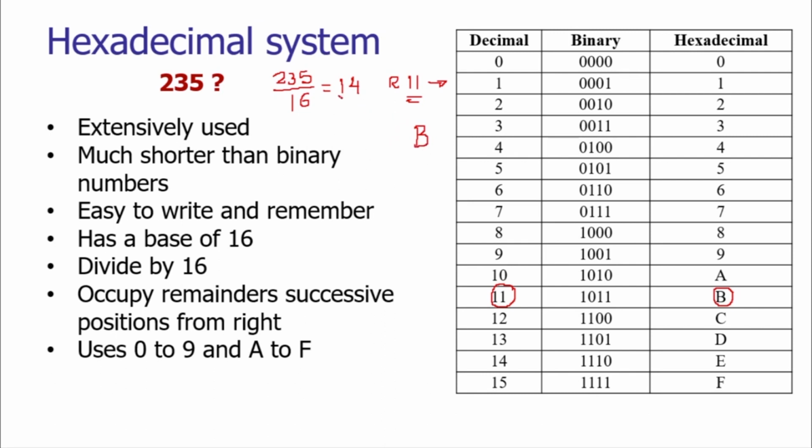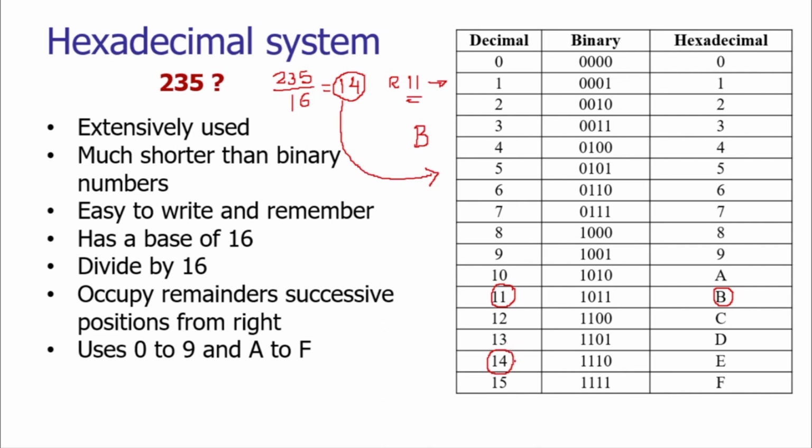Then we will see the quotient. If the quotient is more than 16, again we have to carry out the division operation. But the quotient is less than 16. So for that purpose, again we will be referring to the table. So for the quotient less than 16, what would be the hexadecimal representation?